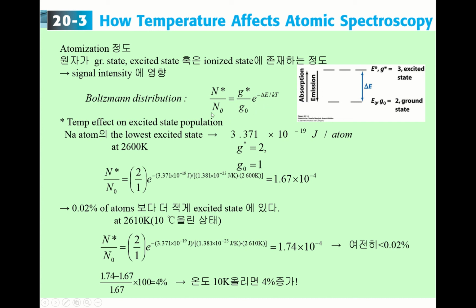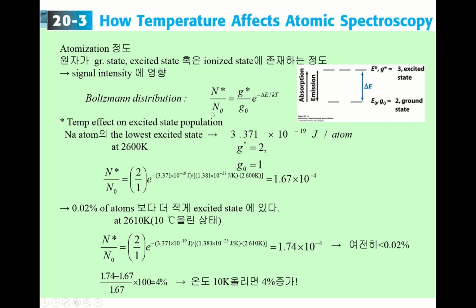For example, n0 is the number of electrons in the ground state, and in this case there are two identical states in the ground state, so G0 is 2. In the first excited state there are three identical states. The energy difference between the ground and the first excited state is delta E, and the electron population on this excited state is n star.